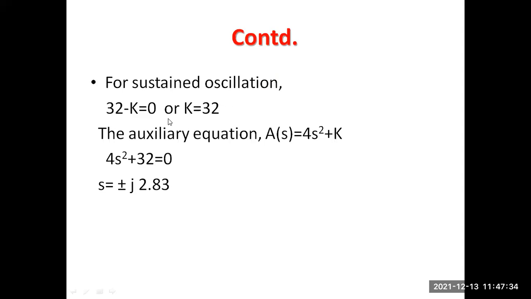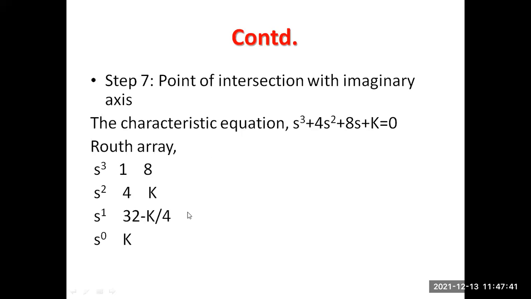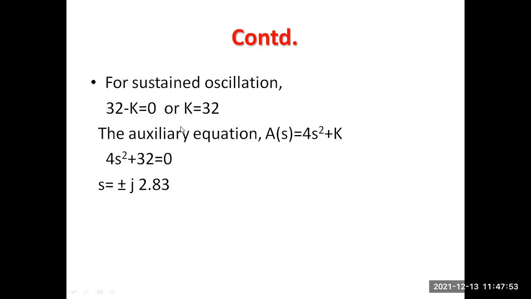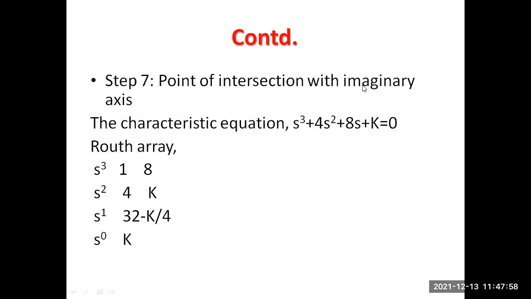Have you understood how we got K equal to 32? Yes, sir, equating to 0. This is the normal process in the Routh-Hurwitz array for determining the value of K. Now we have to calculate the roots, which give the point of intersection with the imaginary axis. The root locus will cut the imaginary axis at a particular point.